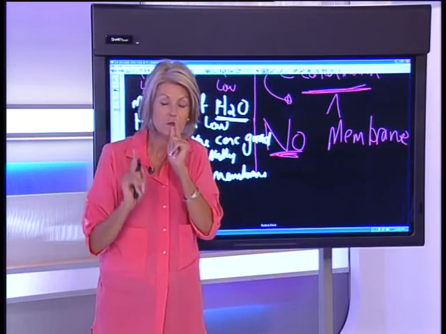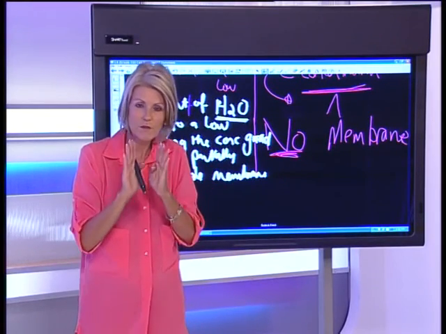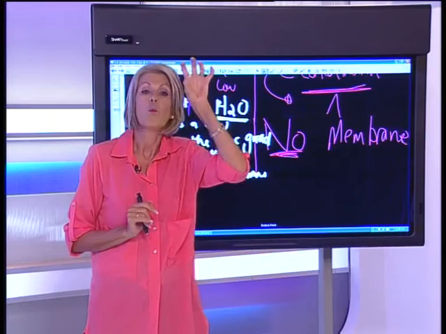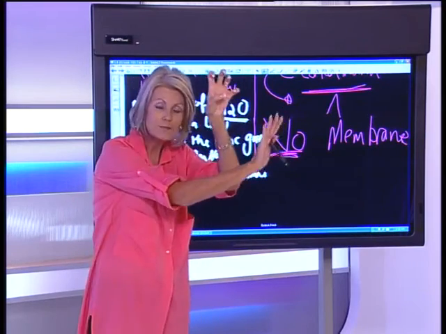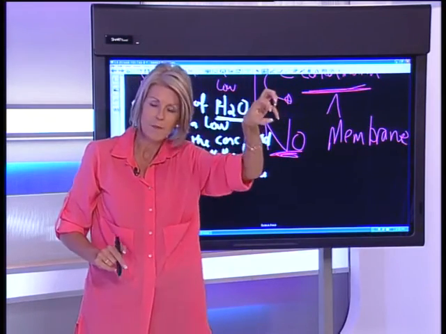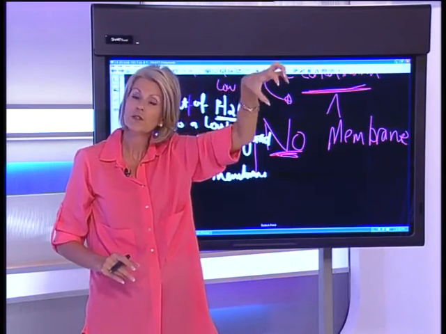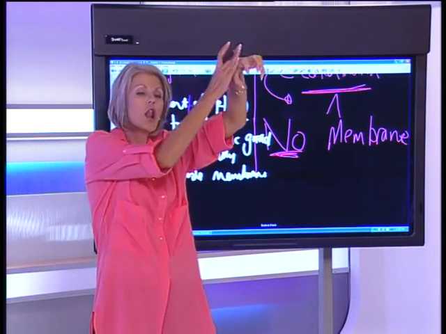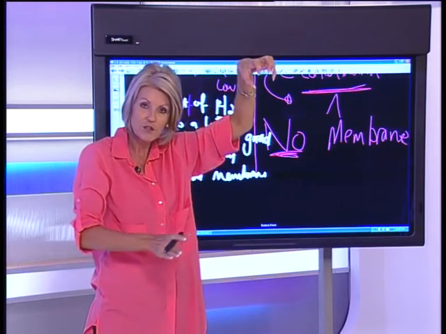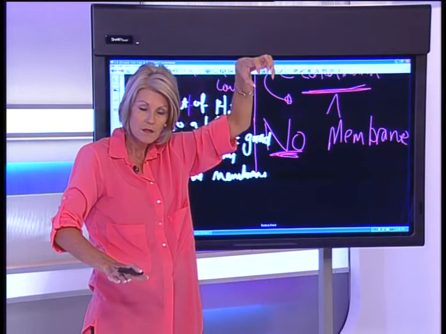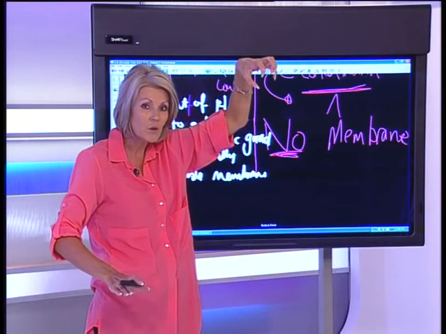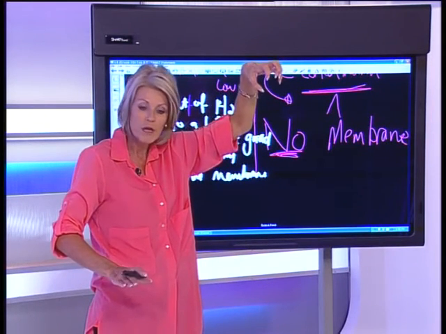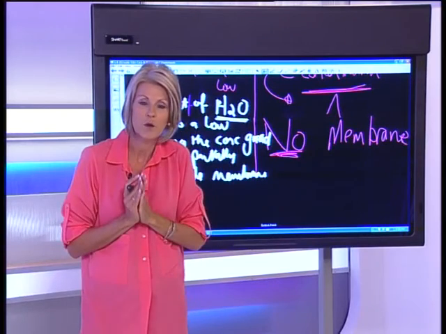It is osmosis. Osmosis is the movement of water, not any substance, only water, from a higher water potential to a lower water potential, along the concentration gradient. Okay? Will there ever be an equilibrium? No, through a partially permeable membrane.